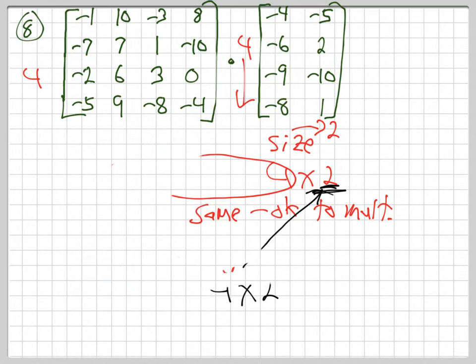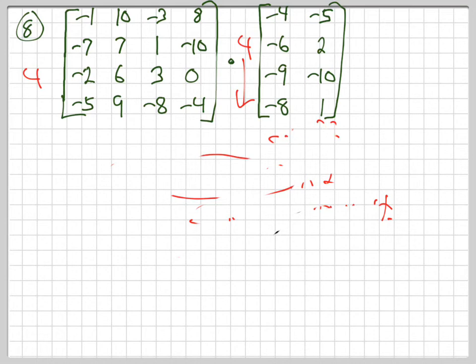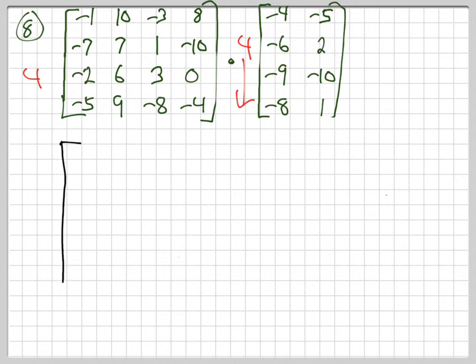Let's go to it. So here's going to be the answer matrix. So it's going to be 4 by 2. I'm just going to make it really big here. So 4 down, 2 across.